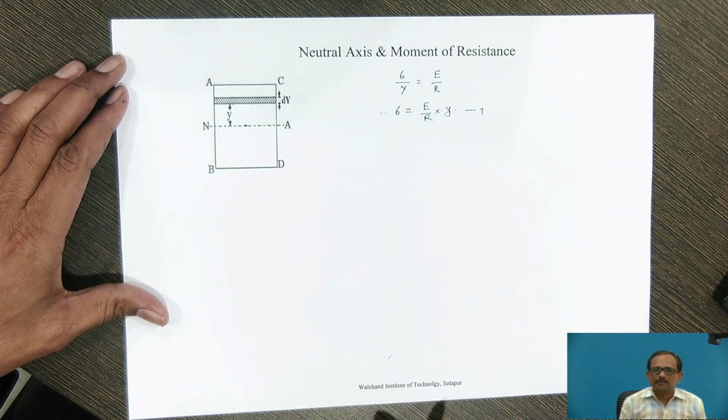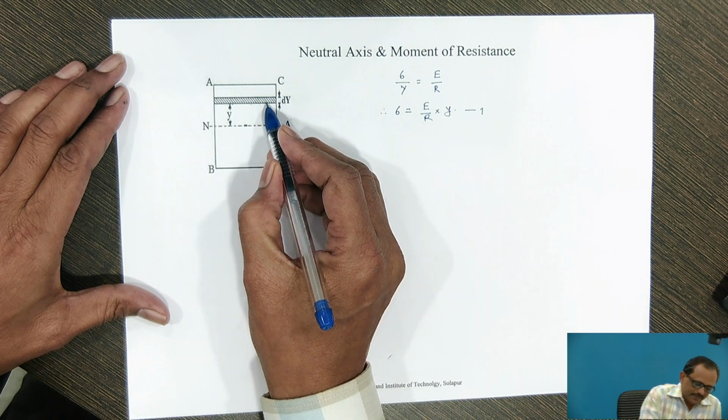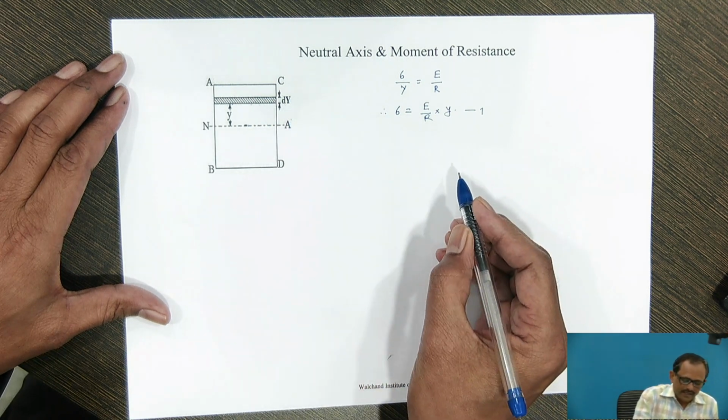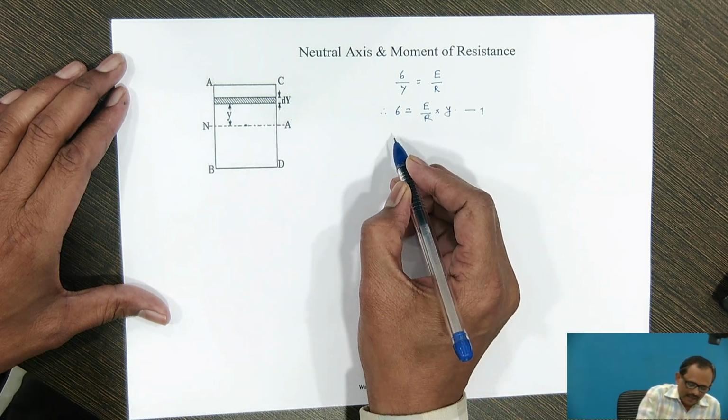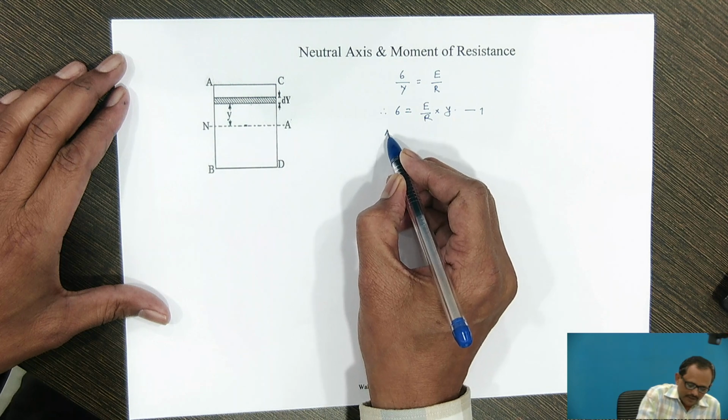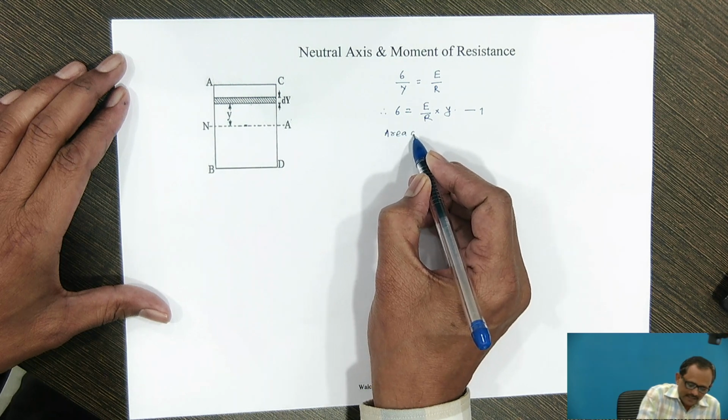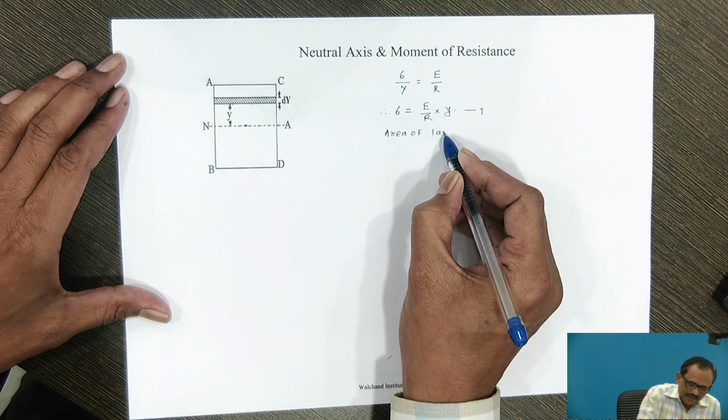Now, this particular strip which is at distance y and having thickness dy, let us assume the area of this layer is dA.